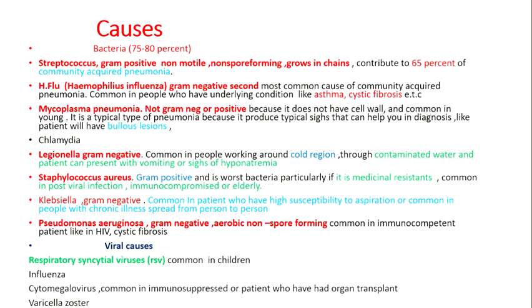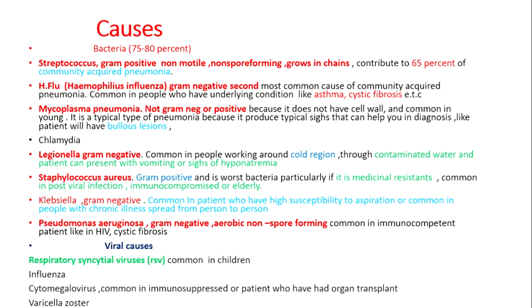Another one is Pseudomonas aeruginosa. It's gram-negative, non-spore forming, and it's common in immunosuppressed patients, like people who have HIV. People who have cystic fibrosis are also prone to Pseudomonas aeruginosa.